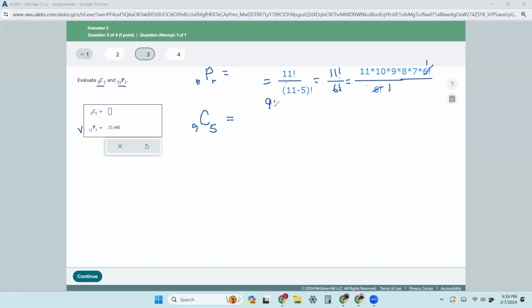The big one always goes up at the top. And then we're going to have an extra 5 factorial there. And then this is 9. I'm just going to have to type it.